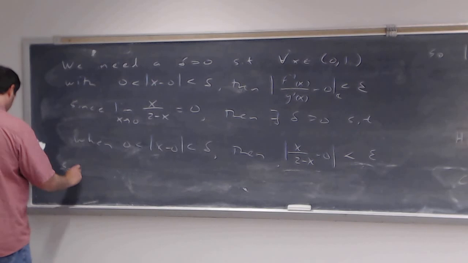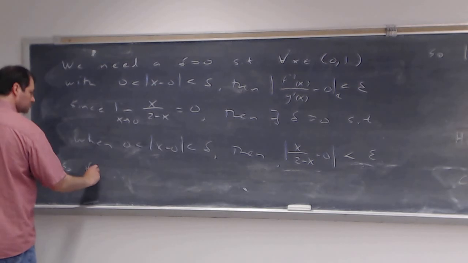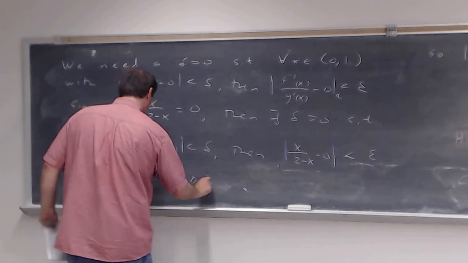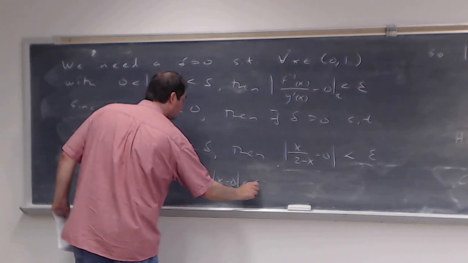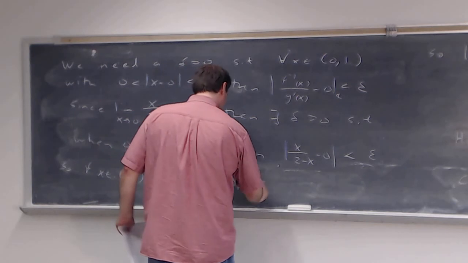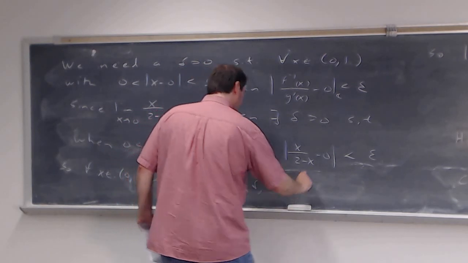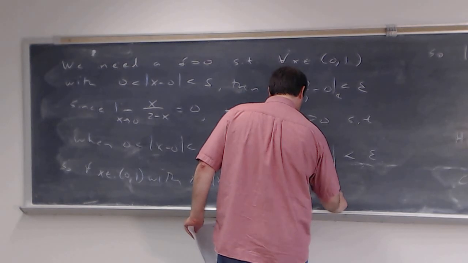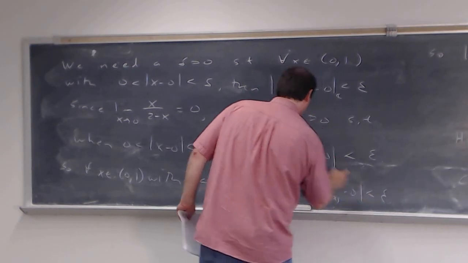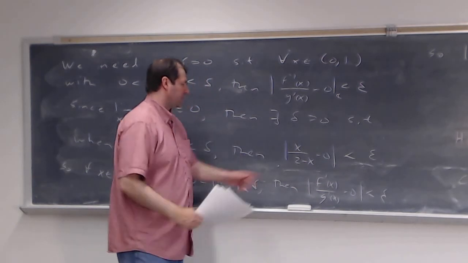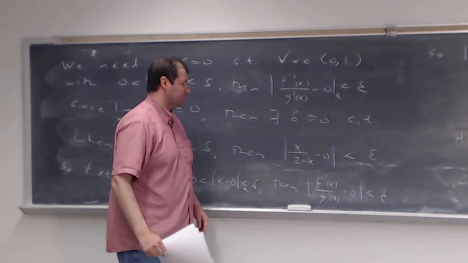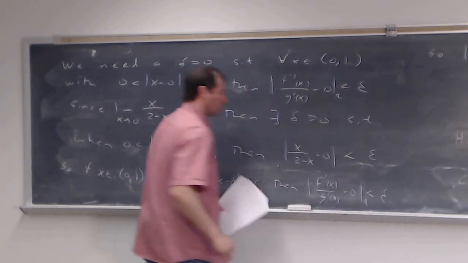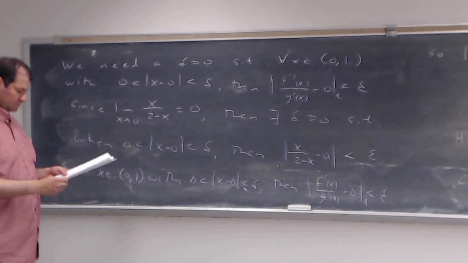And so for all x element of (0, 1) with 0 less than |x minus 0| less than delta, then the value of f prime of x over g prime of x minus 0 will be less than epsilon. This absolute value here is going to be equal to x over 2 minus x, which we know is bigger than this complex norm.